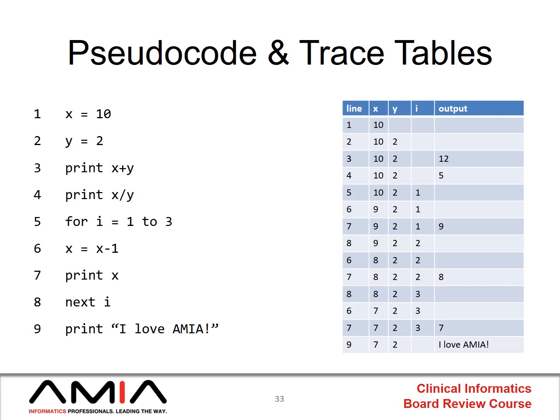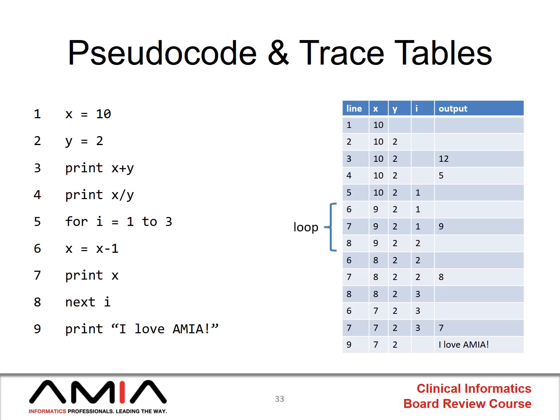They might show you half or blank trace table and say, at the end of this computer program, what's the value of y, or something like that. So you should be able to do this exercise with whatever code they give you. And obviously, with time limitations in the exam, they're not going to give you some crazy thing. They're going to give you a short example that you can do probably in a minute or two.